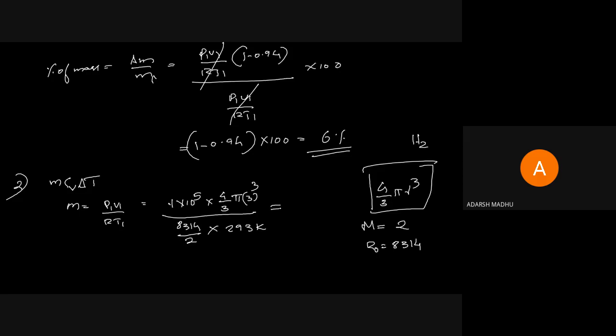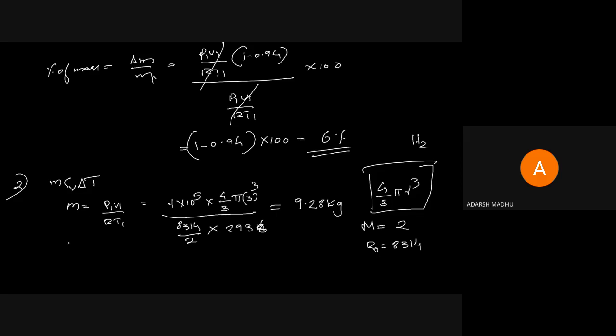M is the hydrogen molecular mass, that is 2, with 293 Kelvin. And the mass is 9.28 kilogram.